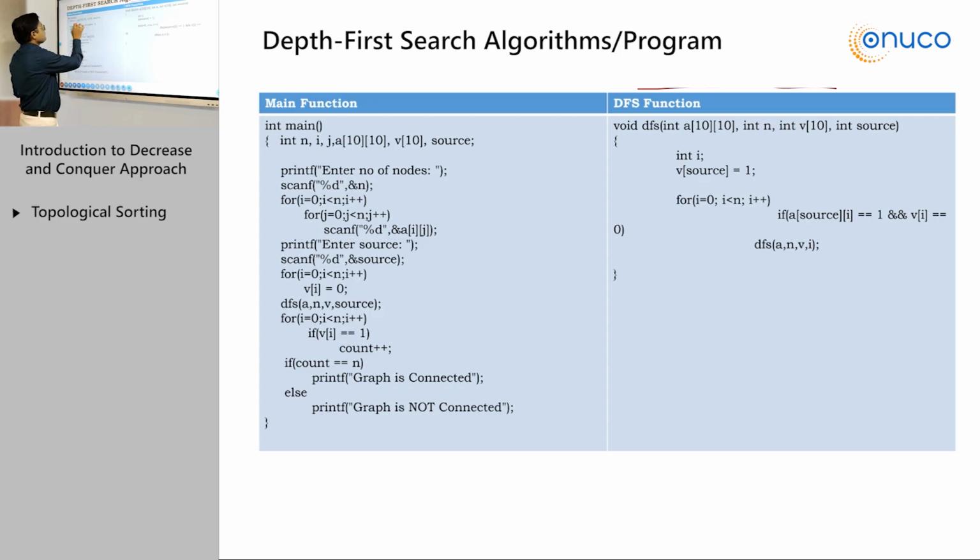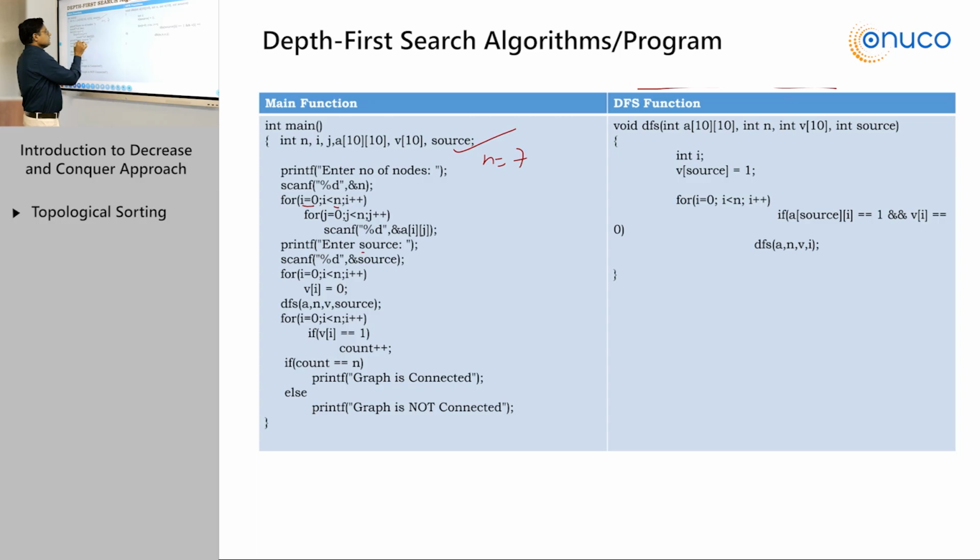Hence, let us see that here all declarations you have done. Here I enter the number of nodes, as in our example we have taken n equal to 7, and then you are going to enter the adjacency matrix, i equal to 0 to n, j equal to 0 to n, and scanf. Remember that here the array index starts from 0. It means A is 0, B is 1, C is 2, and we have entered the adjacency matrix, right?